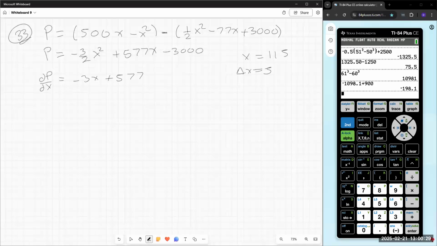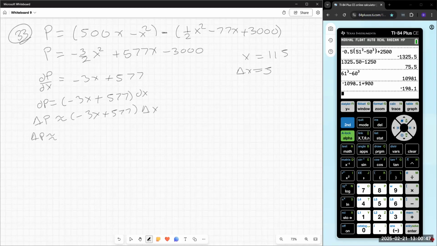So dp will be exactly equal to -3x plus 577 dx, making delta p approximately -3x plus 577 times delta x. Delta p will be approximately -3 times 115 plus 577 times 5.